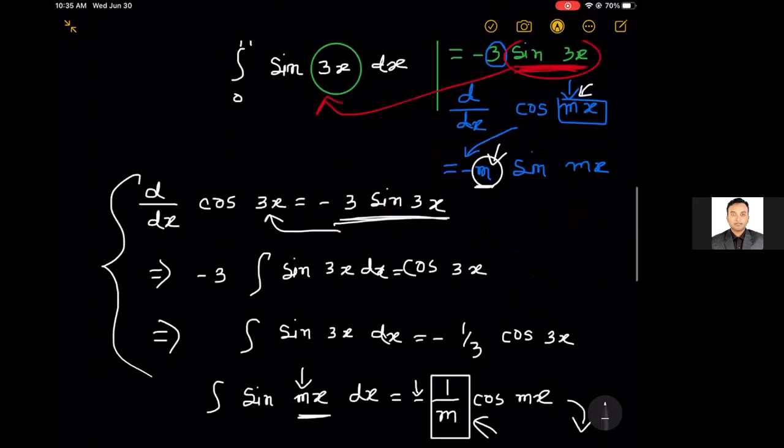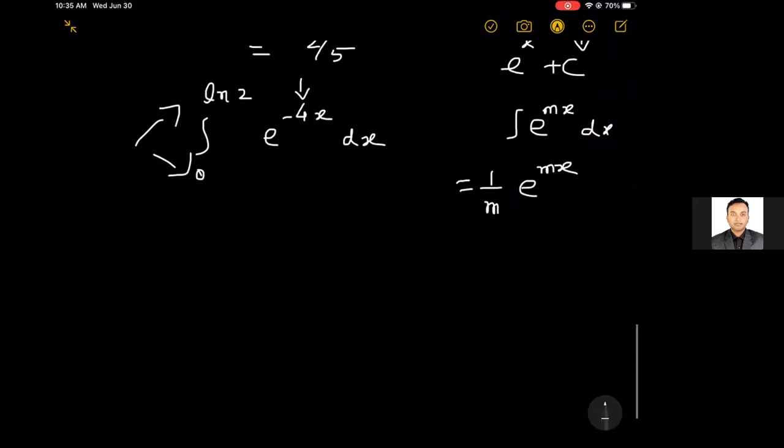So for antiderivatives, the reciprocal will come in front. For the derivative, the coefficient itself comes in front. And for the antiderivative, it's actually the reciprocal of that coefficient.